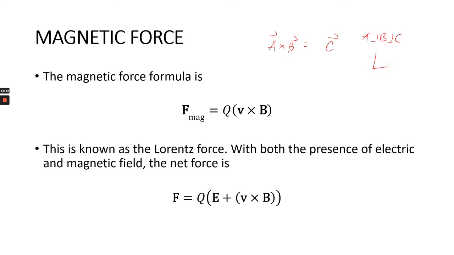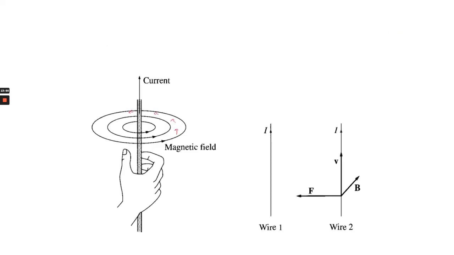It's like that. So the formula is like this. We have V cross B, the resulting vector is another vector perpendicular to both, as seen in this diagram or picture.